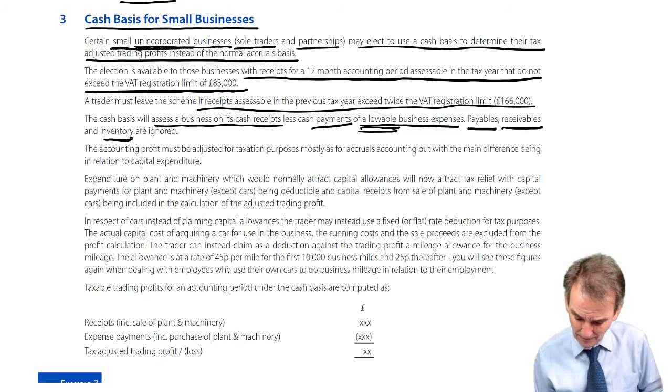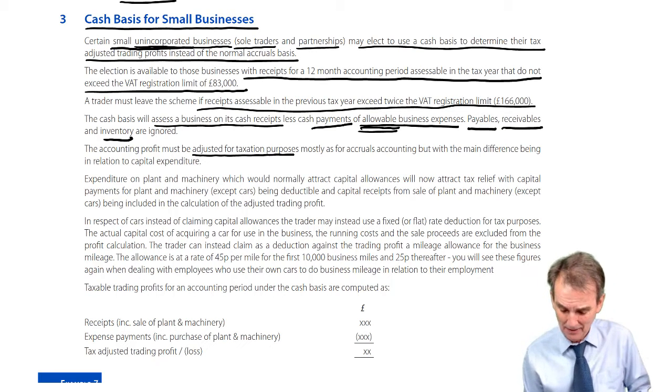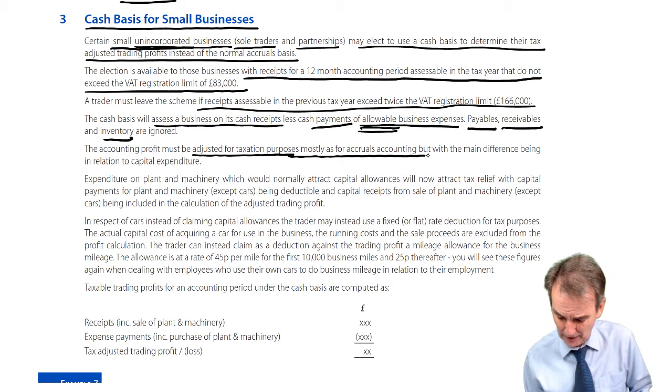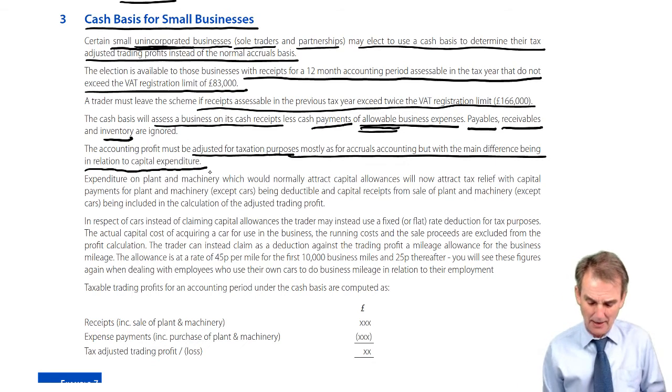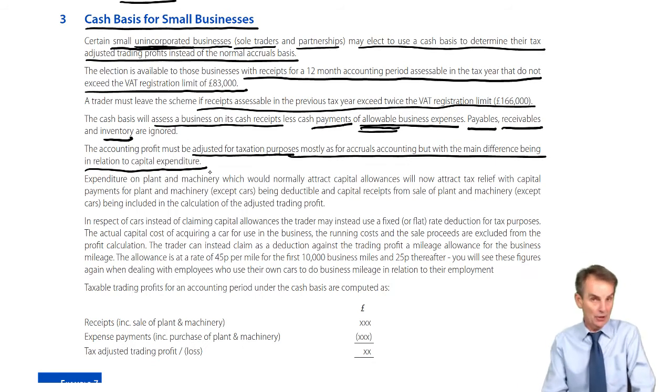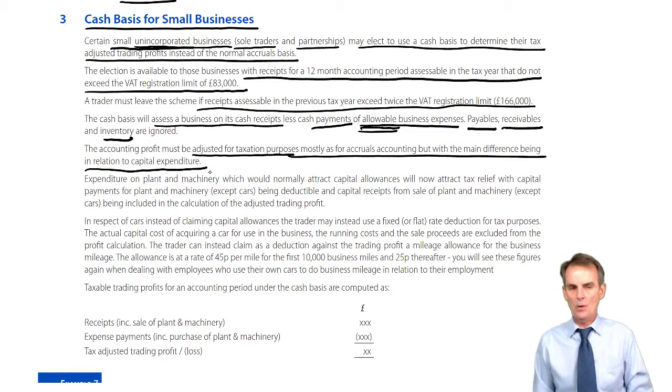The accounting profit must, as we've said, be adjusted for taxation purposes, mostly again as for accruals accounting, but with the main difference being in relation to capital expenditure. Now we know up until this point in time, where there is capital expenditure, we would disallow in the adjustment of trading profit.